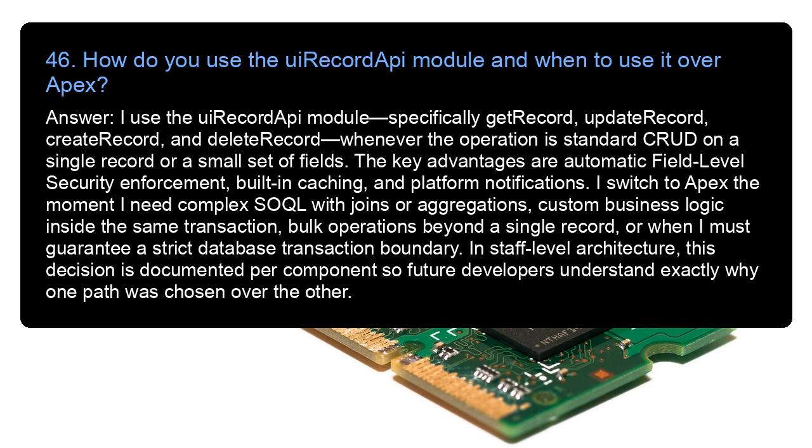I switch to Apex the moment I need complex SOQL with joins or aggregations, custom business logic inside the same transaction, bulk operations beyond a single record, or when I must guarantee a strict database transaction boundary. In staff-level architecture, this decision is documented per component so future developers understand exactly why one path was chosen over the other.